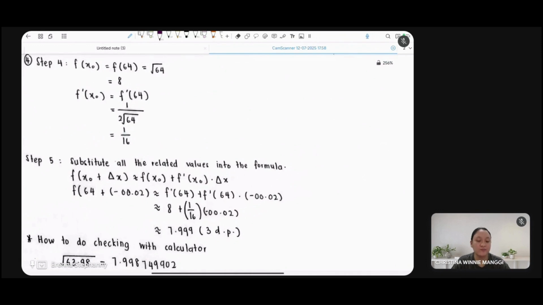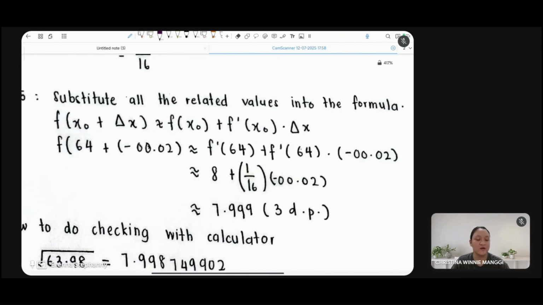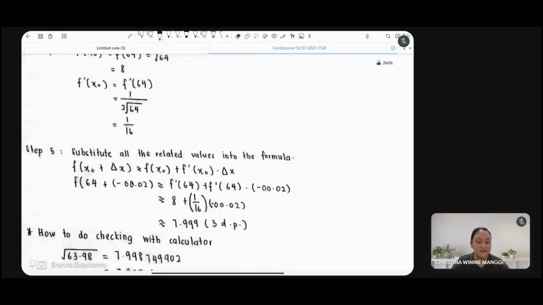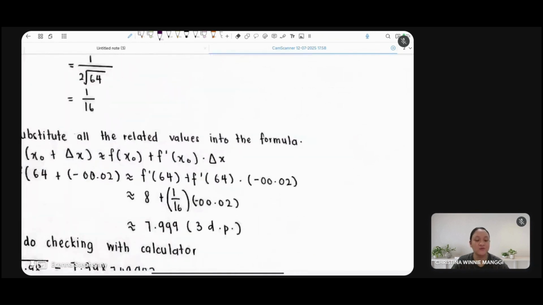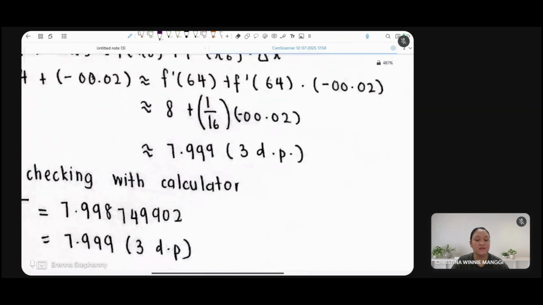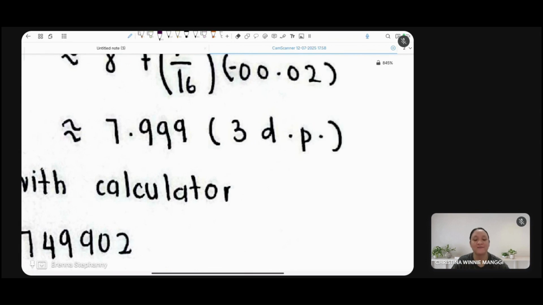We know that f(64) is 8, so we substitute into here plus 1 over 16 we get from step 4, then minus 0.02. We get 7.999. It's actually longer, but because we want it to 3 decimal places, then we get 7.999.